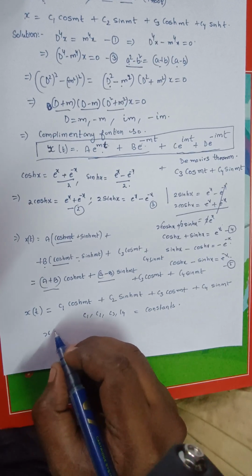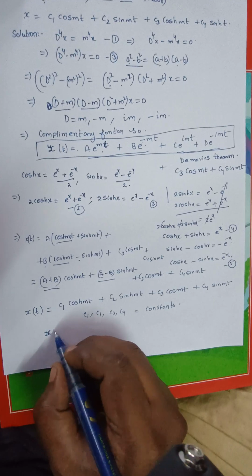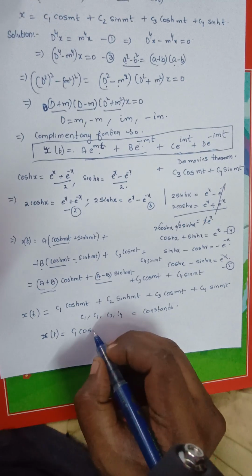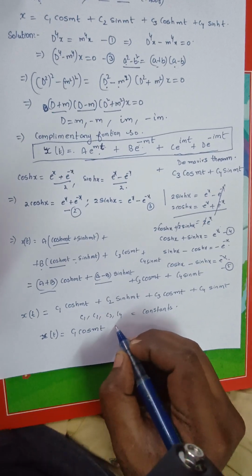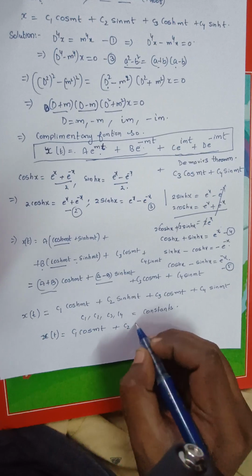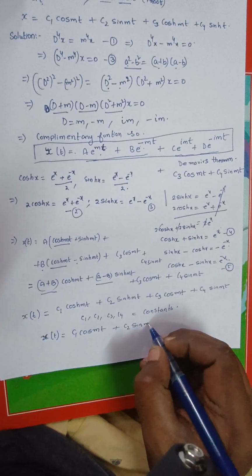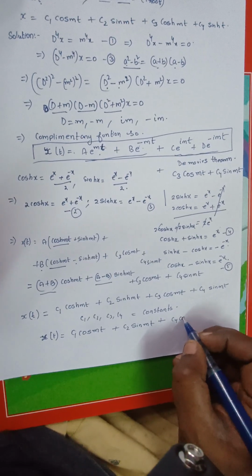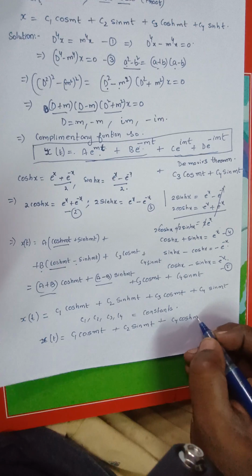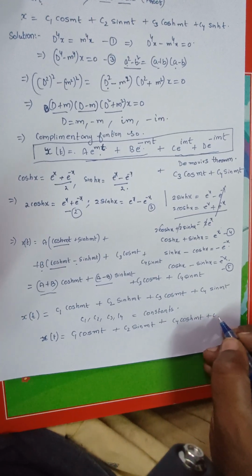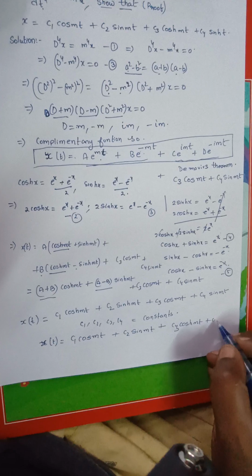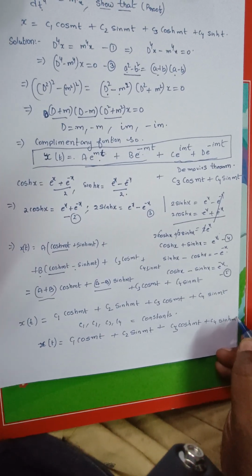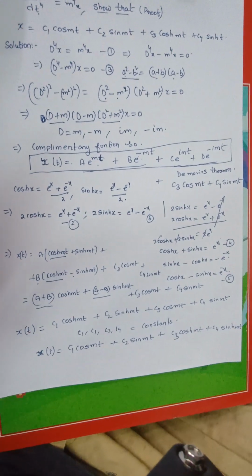So it can be written, by rearranging the terms, as c1 cos mt plus c2 sin mt plus c3 cosh mt, and finally we get c4 sinh mt. So this is our final equation.